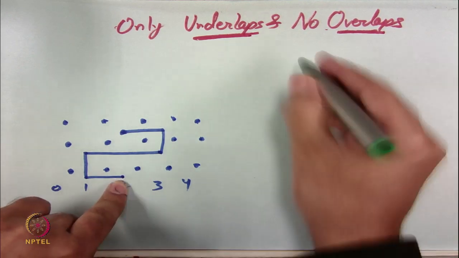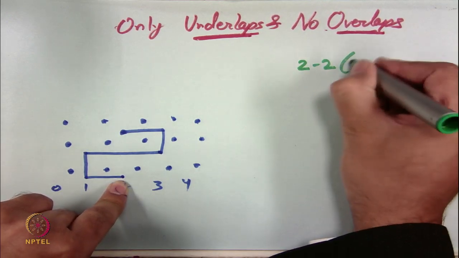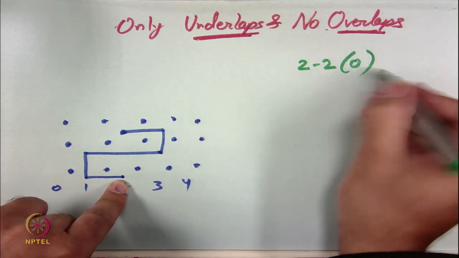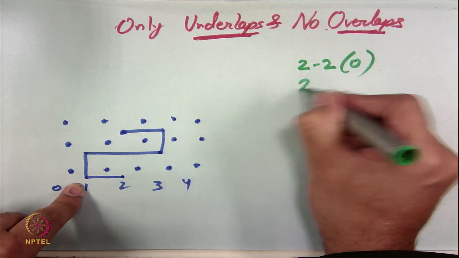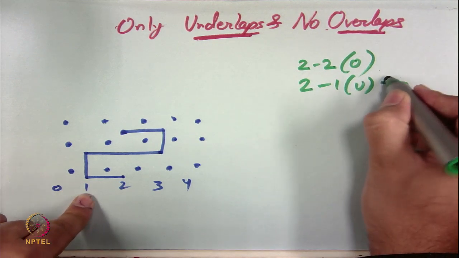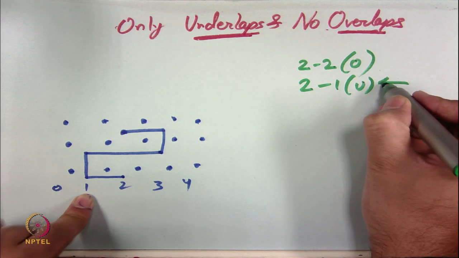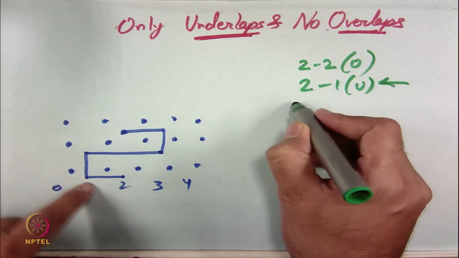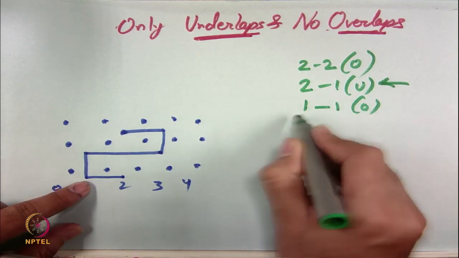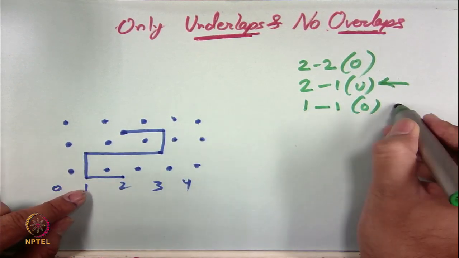So, from second to second is the overlap, which is nothing, and after overlap there is an underlap 2 to 1, which is right to left side. Okay. Then again from 1 to 1 is overlap, because there is no overlap at all. So, the pitch is 0.